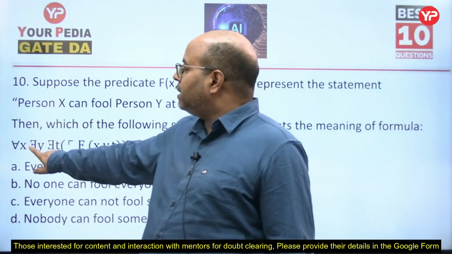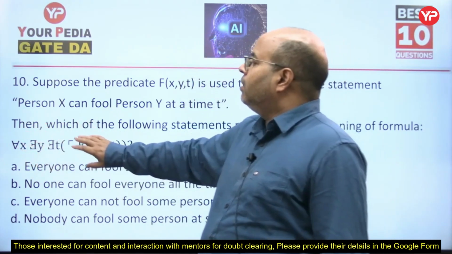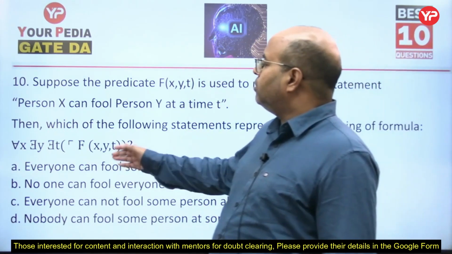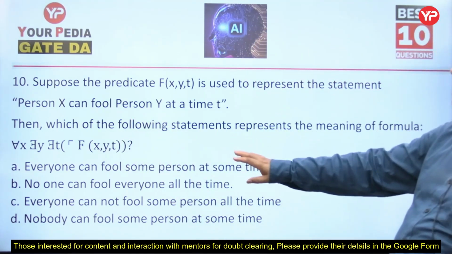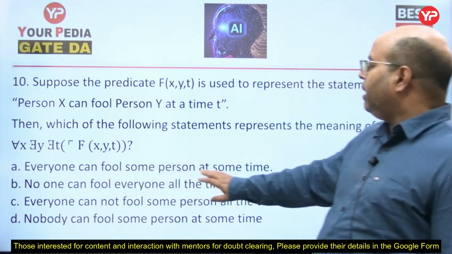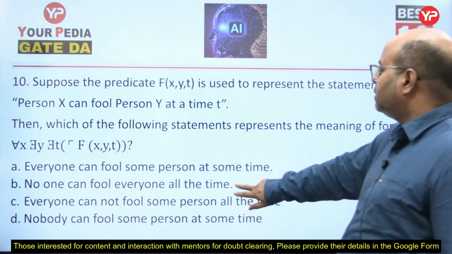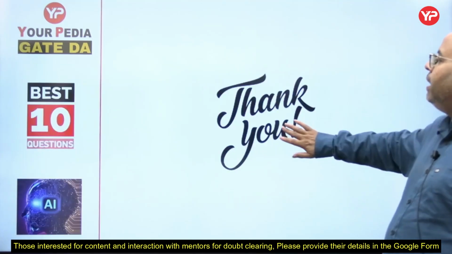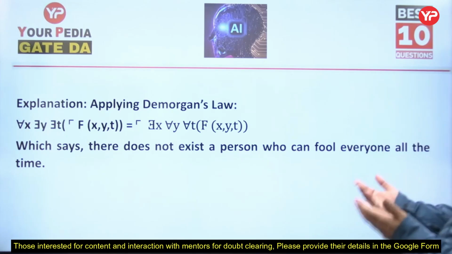For every person x, there exists some y who can't be fooled, so that x can't fool y at some time. So no one can fool everyone all the time. Nobody can fool some person at some time. So this is the logical thing. B is the answer. And if you want to derive, this has been derived from De Morgan's law also.